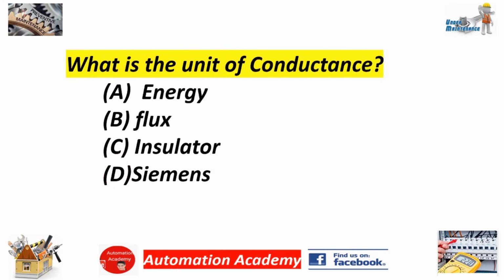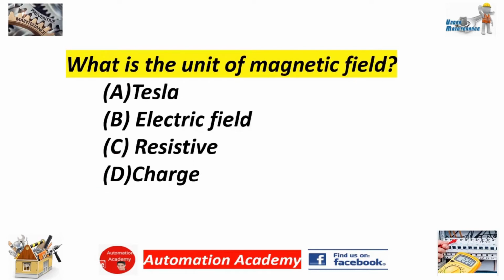What is the unit of conductance? A. Energy. B. Flux. C. Insulator. D. Siemens. Answer: Siemens. What is the unit of magnetic field? A. Tesla. B. Electric field.